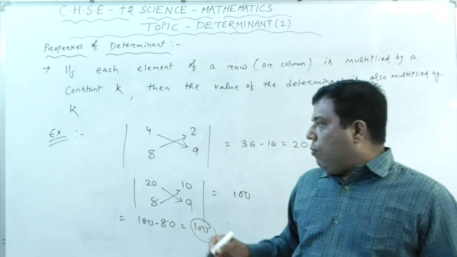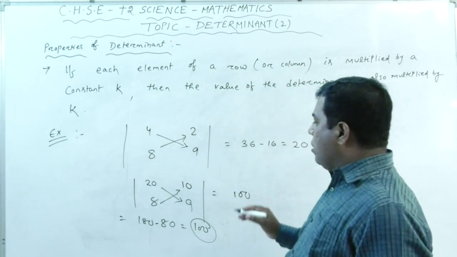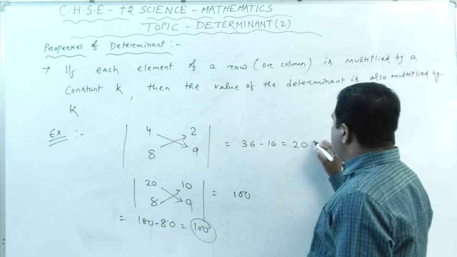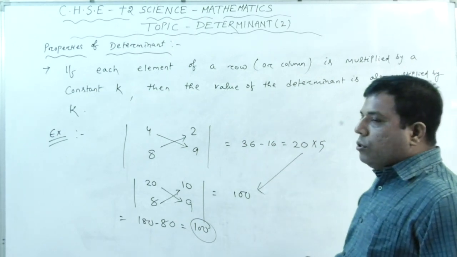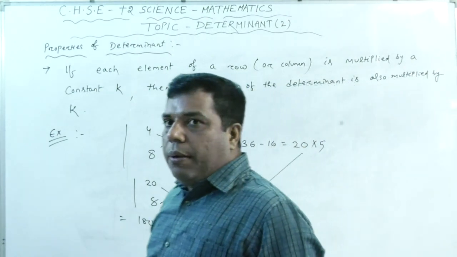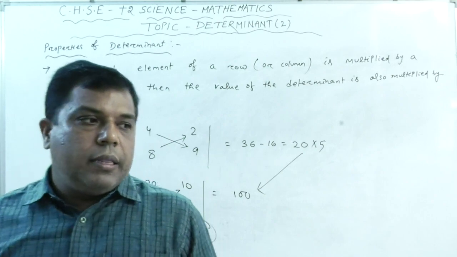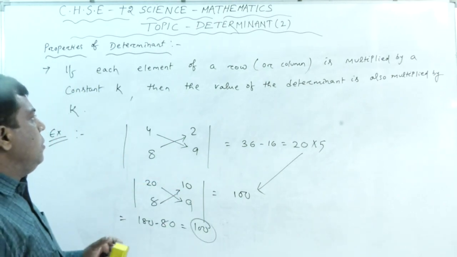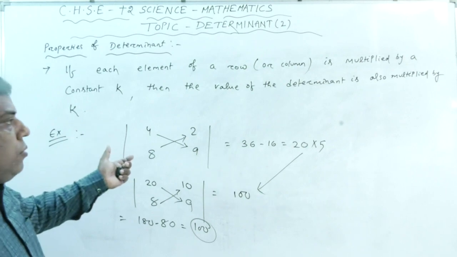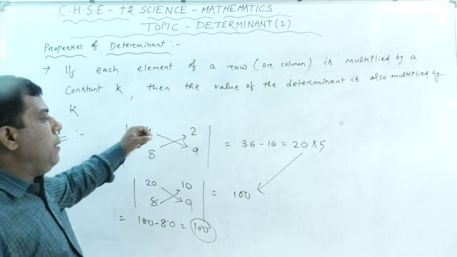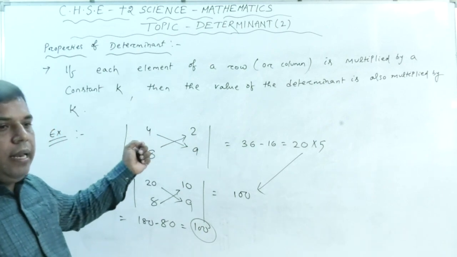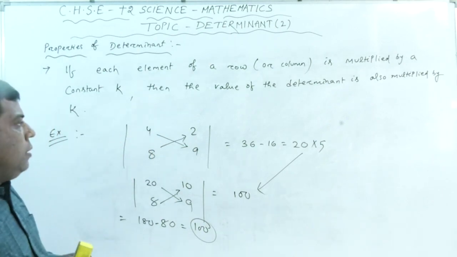So I hope now you are able to understand that you can directly multiply by 5 and get 100 also. So now you understand the concept that the determinant value is multiplied by a constant if each element of a row or a column is multiplied by that constant. Okay.